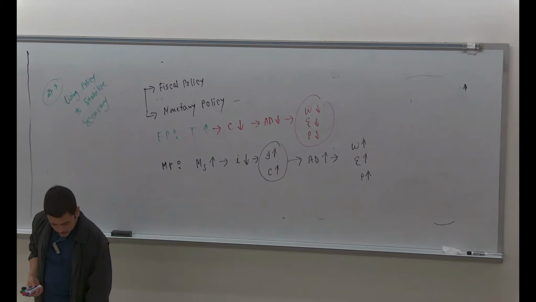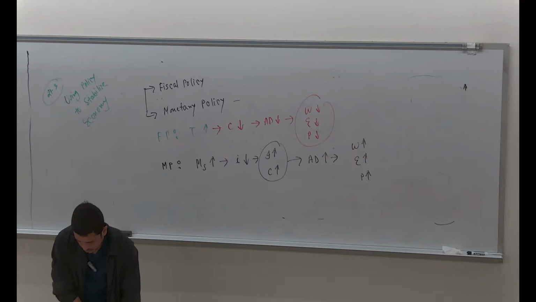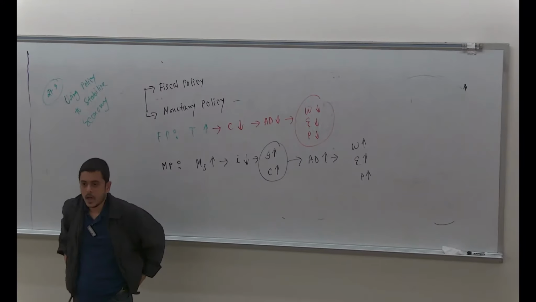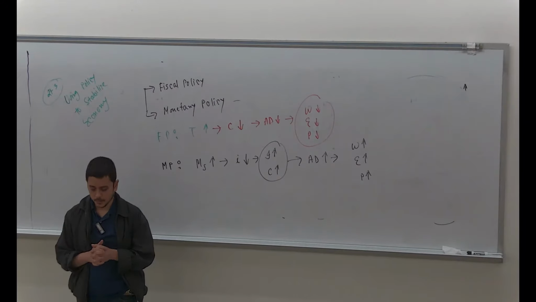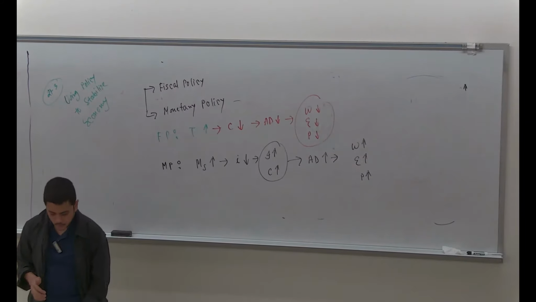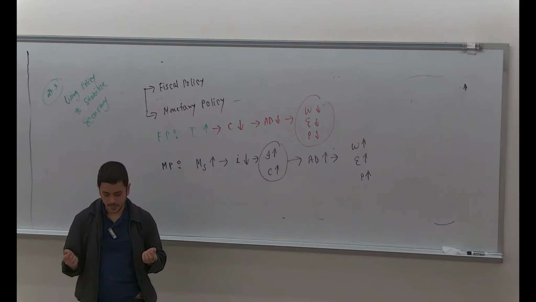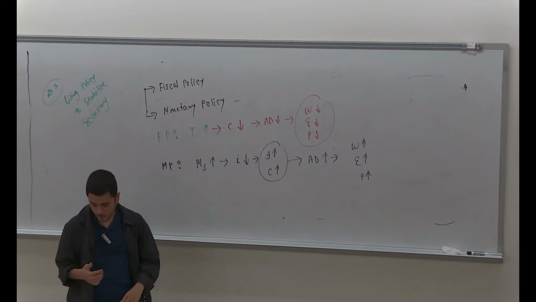So this is all about chapter 21. We use fiscal policy and monetary policy in order to maintain the stability of the economy. And I want to go back to chapter 20 and review one thing so that you all understand why monetary policy and fiscal policy are important.